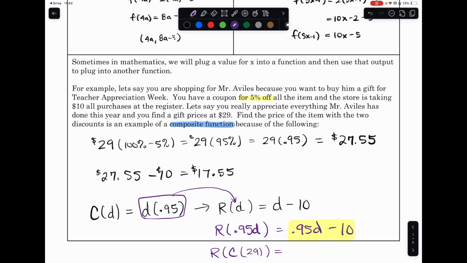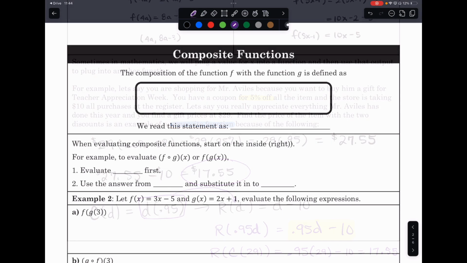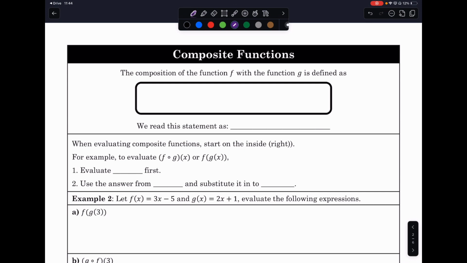So if I plug in 29 for the letter D, 0.95 times 29, and then minus 10, that equals a total of $17.55. You see this amount right there. So this is an example of a composition function. So let's go to the next page and let's talk about this in more detail, okay?